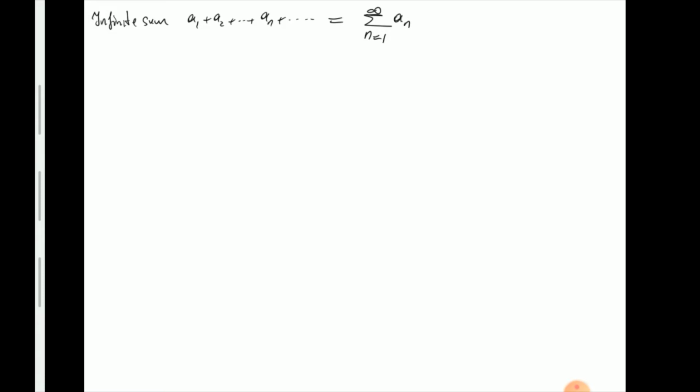We're going to use this symbol from now on. And then the question is, how do we define whether this infinite sum has a limit or not, or exists or not? Does this sum exist? In other words, is it a finite real number?